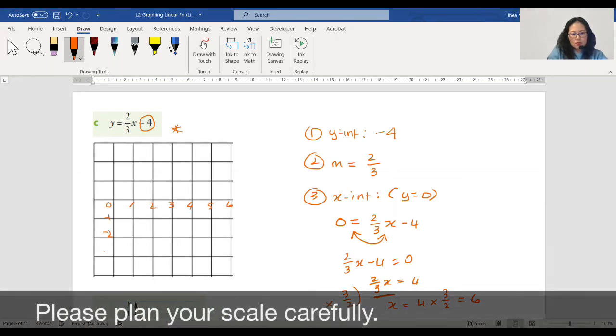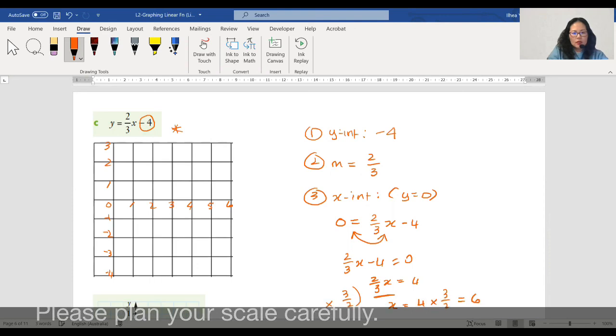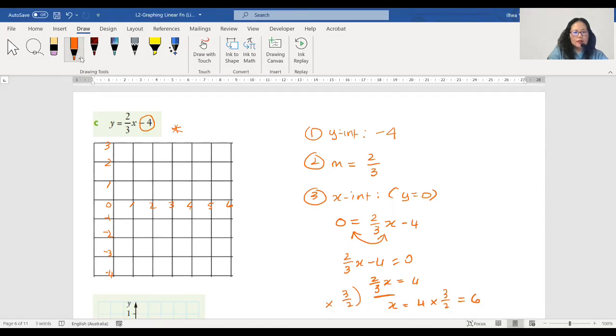2, -4. Okay, so 1, 2, 3. So when I start from here, -4, that's my y-axis. And remember, this is to the right. It's always to the right, right by 3. So I'm going to go 1, 2, 3.